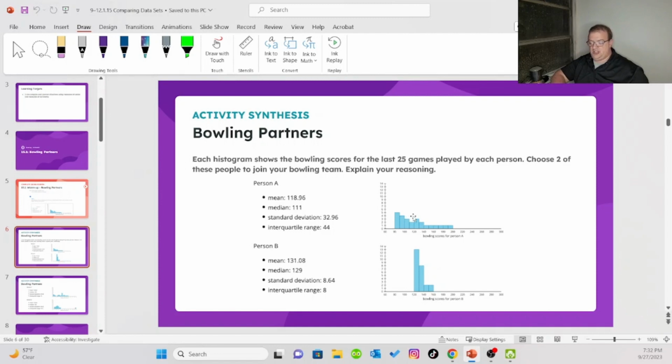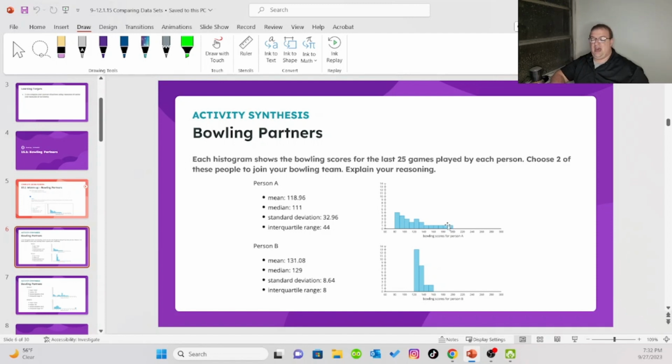So while this person might score down here between 80 and 120, 130, there is the possibility that they could score all the way up to almost 200 points.